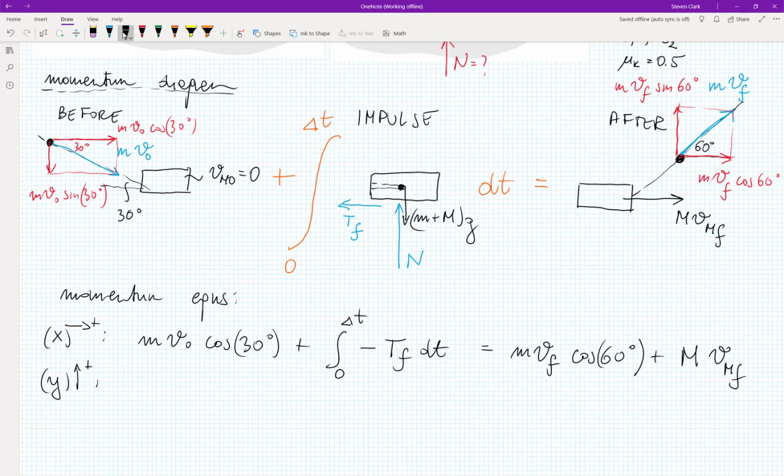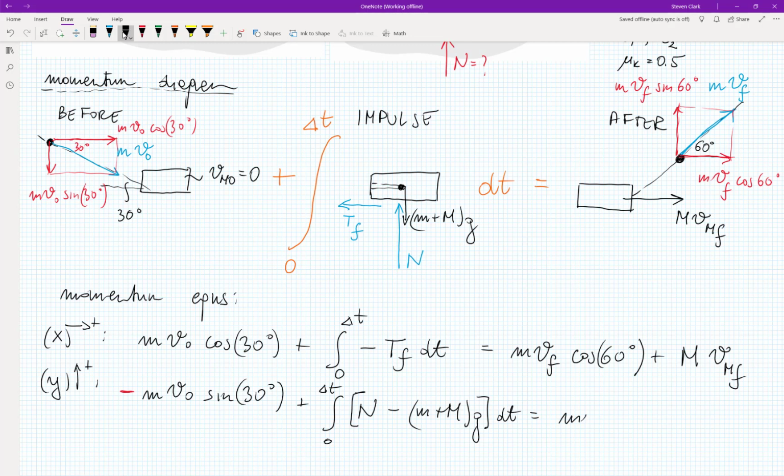In the y direction, we have mv0 sine 30 degrees with a minus in front, of course, yes? It's going to be negative because it points downwards, right? Plus integral of N minus (m plus M)g dt, and this will result in mv final sine 60 degrees.